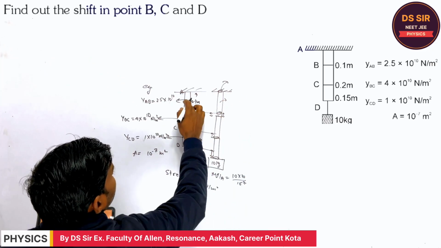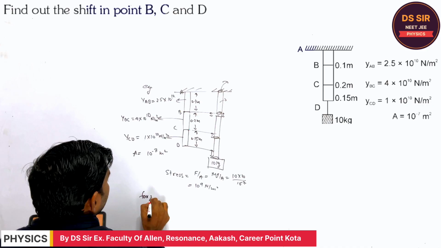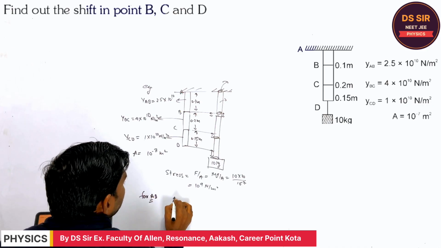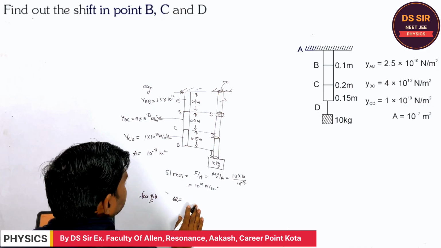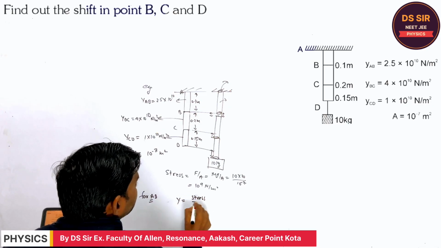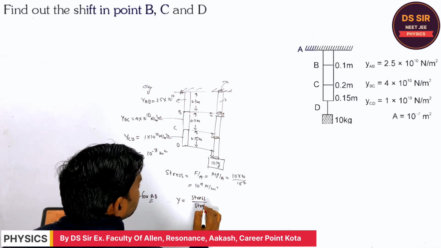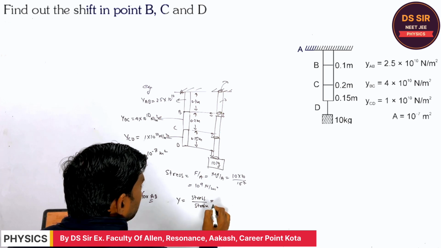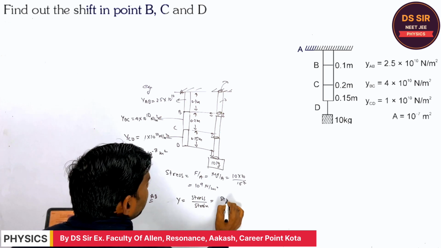So for the wire AB, delta L may be written as follows. Young modulus is equal to stress upon strain, right? What is the strain?